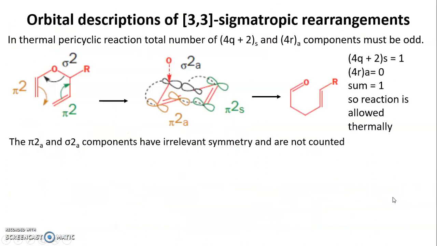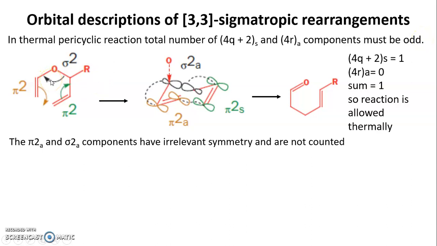The orbital descriptions, if we see. In thermal pericyclic reactions, as per the Woodward-Hoffmann rule which you know, for an alkene, suprafacial, and for dienes, antarafacial components, for thermal reactions the total should be odd.